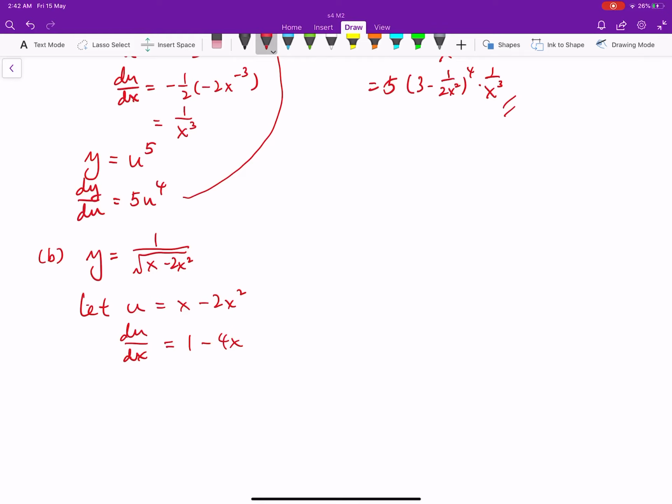After we get du/dx, we try to find dy/du. So we first get y equals 1 over square root u, which is u to the power negative 1/2. So for dy/du, we get this one.